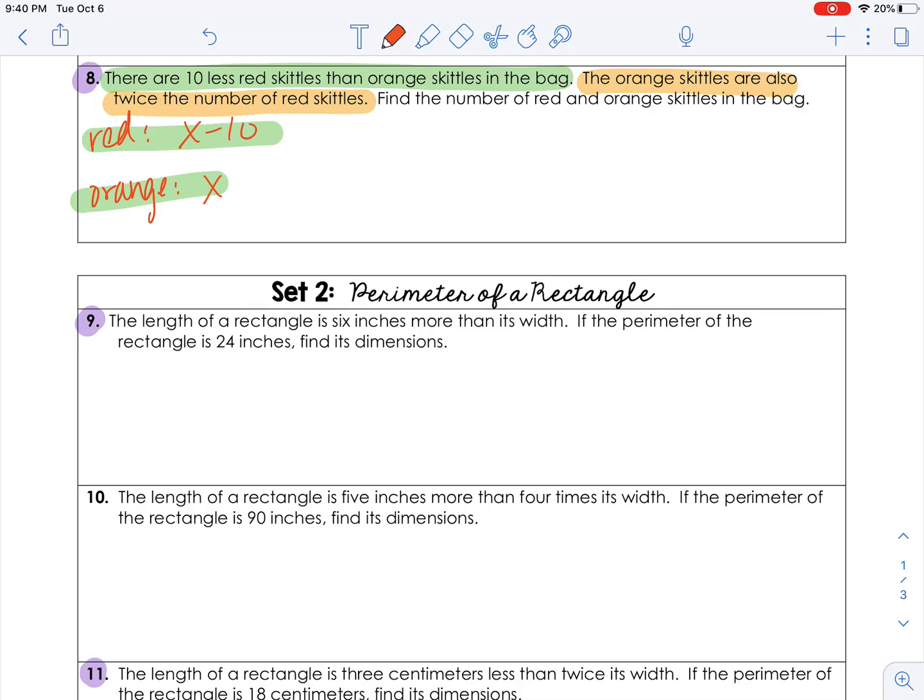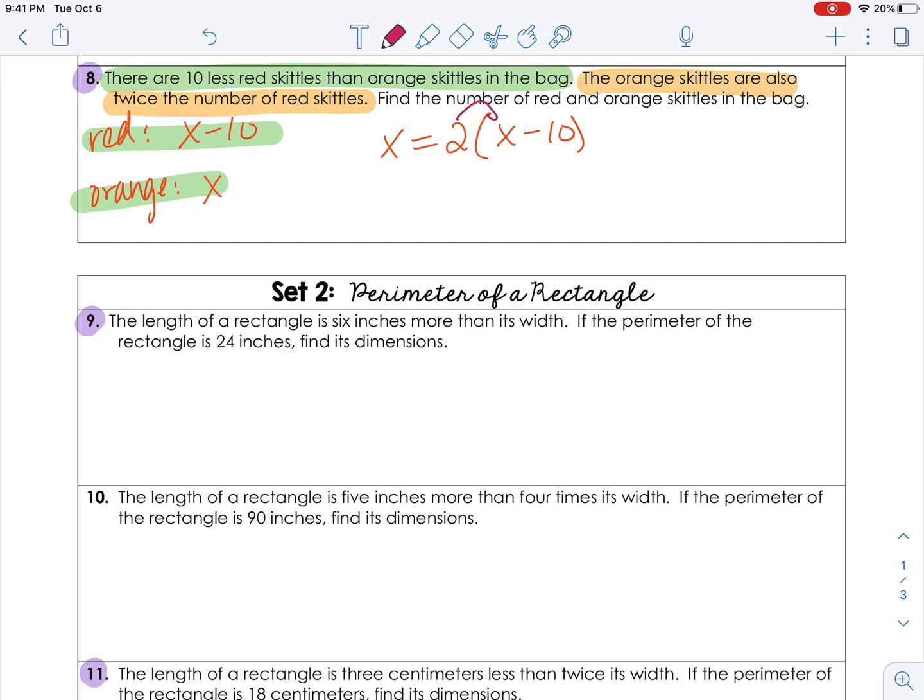If I have X orange Skittles, then if I double the red Skittles, the number of red Skittles will equal the number of orange Skittles. So this is how we set this one up, using the second sentence.